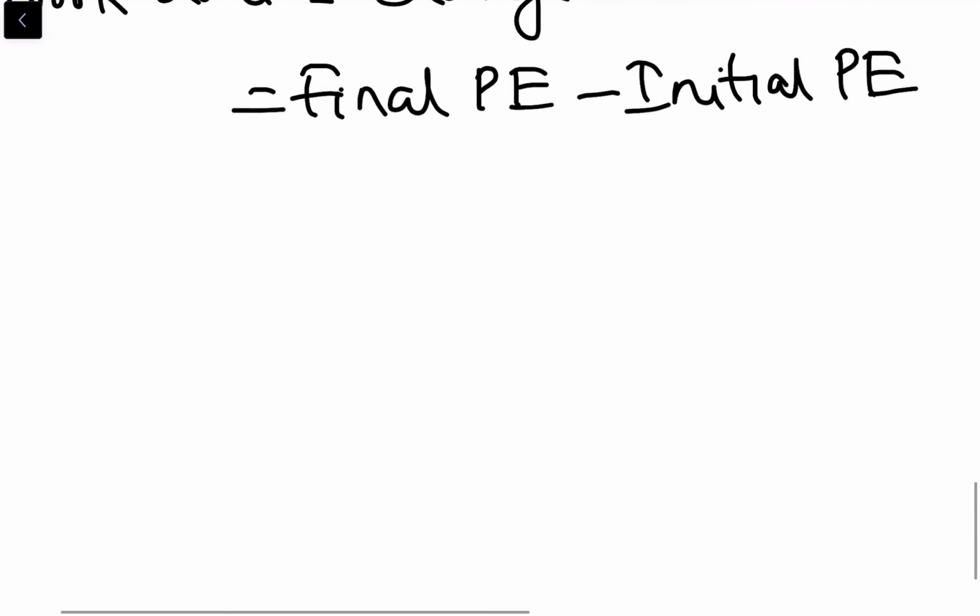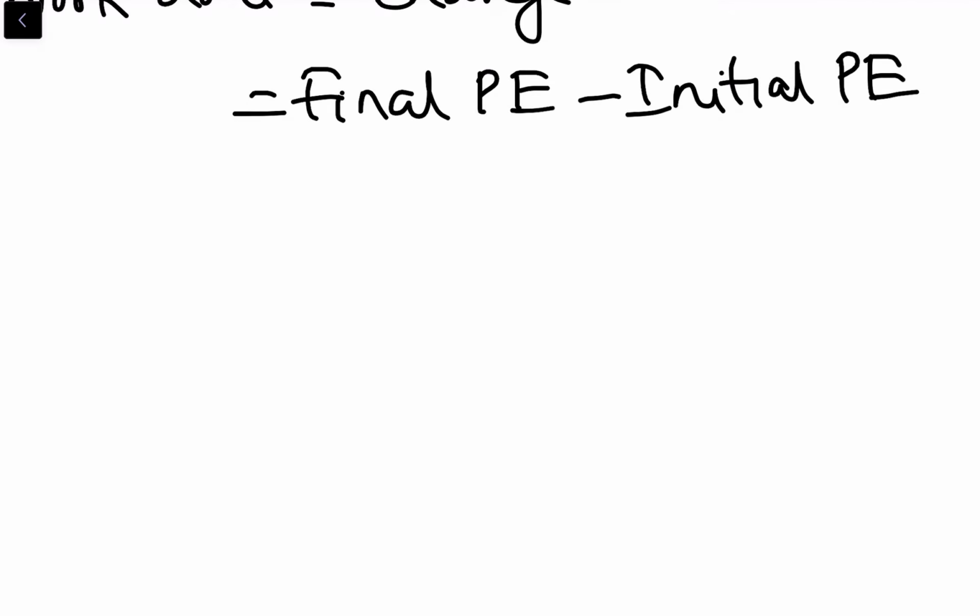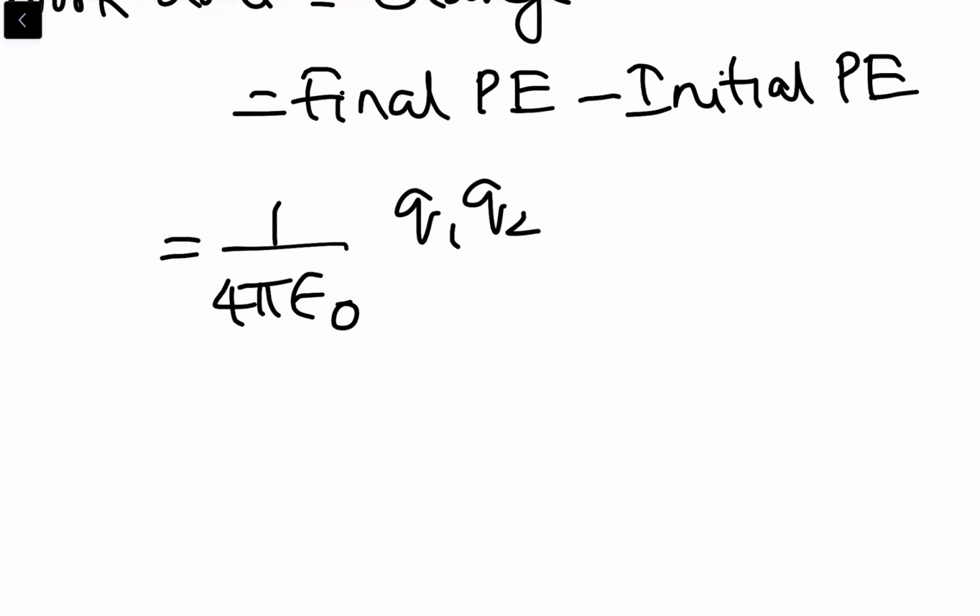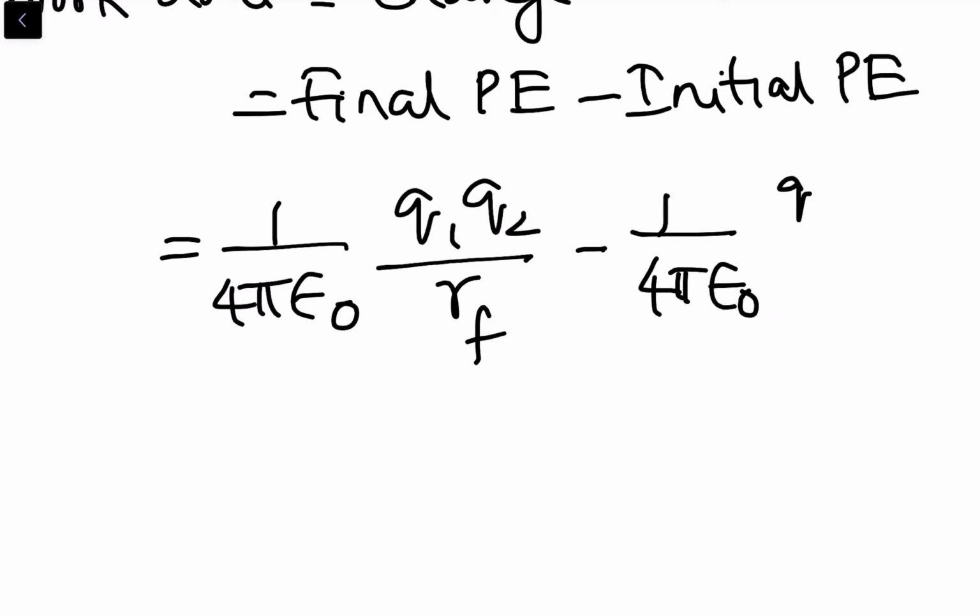Final PE minus initial PE is equal to 1 by 4 pi epsilon naught q1 q2 by rf, where I'm taking the subscript f because it is the final distance, minus 1 by 4 pi epsilon naught q1 q2 by ri, that is the initial distance.